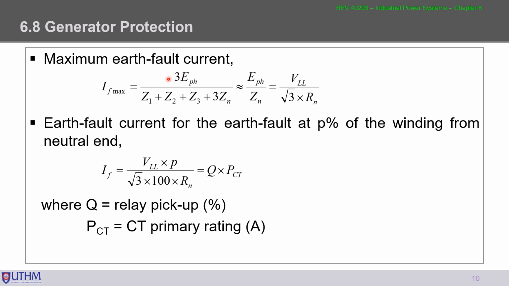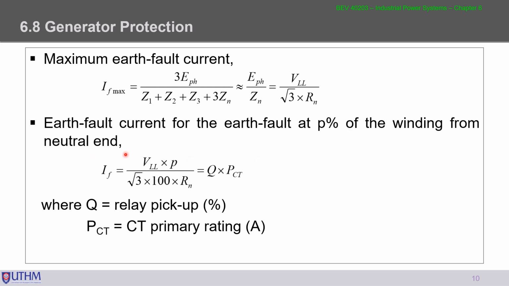We cancel out the 3, and we get the formula E phase divided by Zn. E phase is represented as VLL divided by root 3. Zn is represented as Rn. So we get the formula IF max is equal to VLL divided by root 3 times Rn.